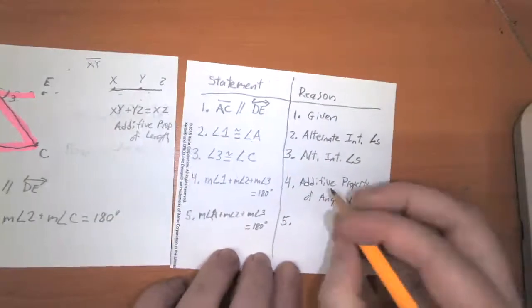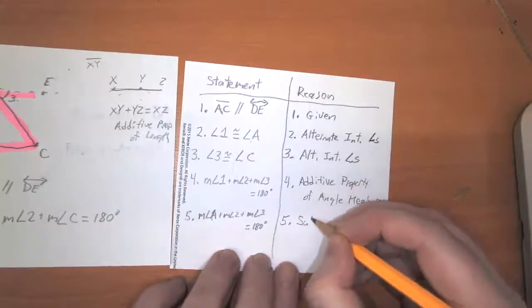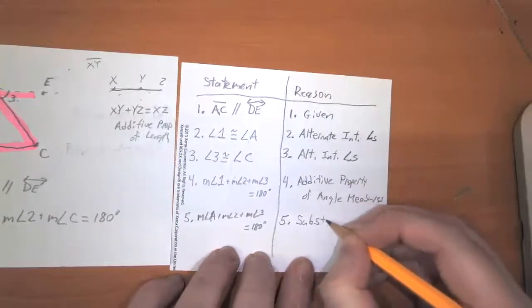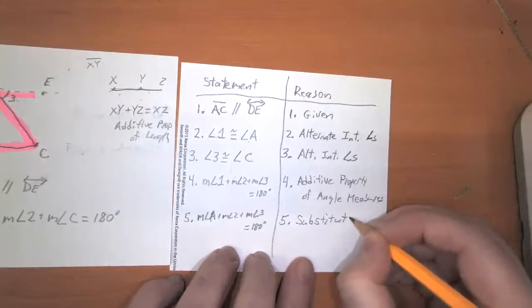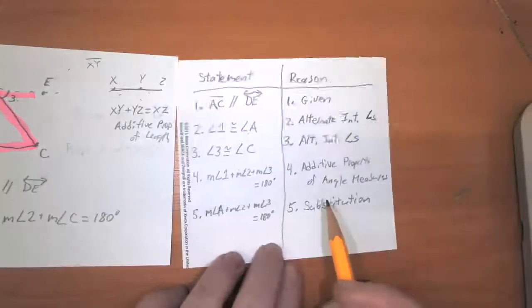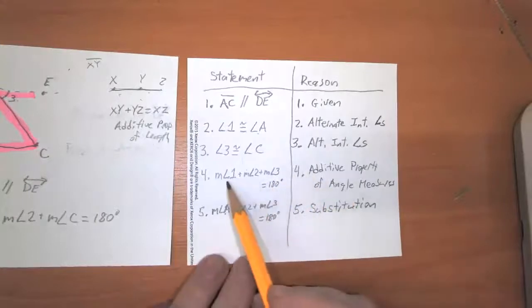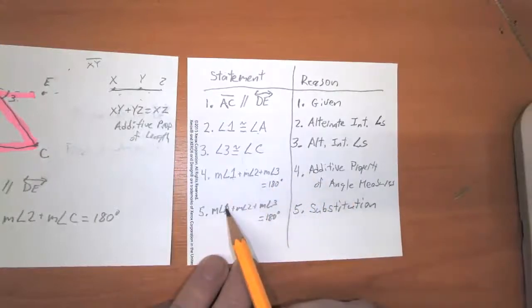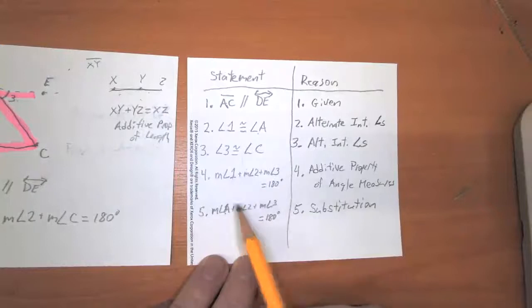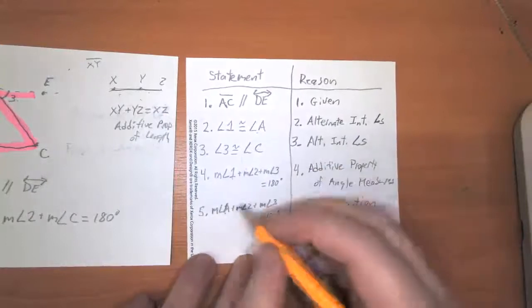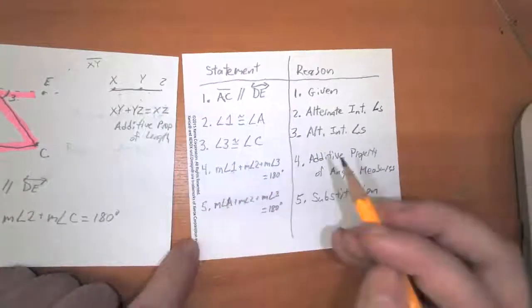And the formal reason I'm going to give for this is substitution. That's a nice word because it's letting me know exactly what I'm doing. I'm substituting angle 1 with angle A because I know that angle 1 and angle A are congruent to each other. So they've got the same measurement. So these are the same number.